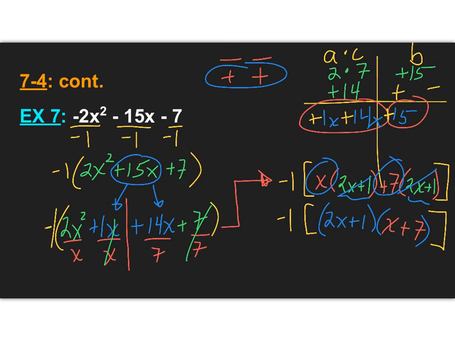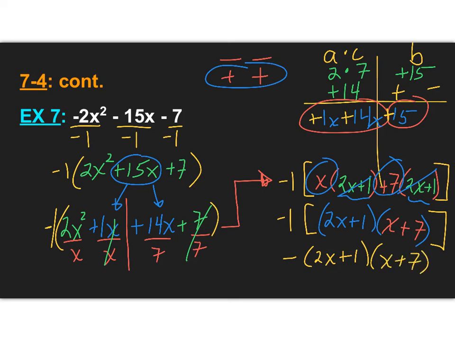So now all addition and subtraction signs are inside of parentheses, and we've cleared everything. Now the proper way to write this is, instead of a negative 1 out in front, you just have a negative, and you can drop the brackets and just write negative (2x plus 1) times (x plus 7).